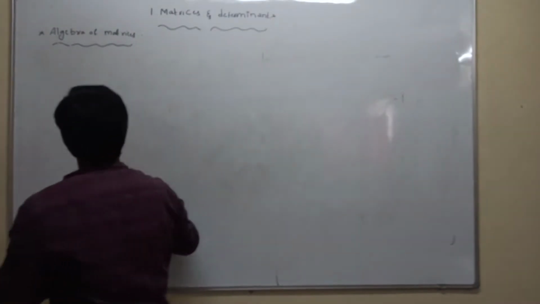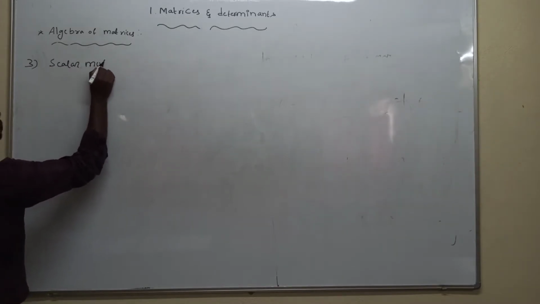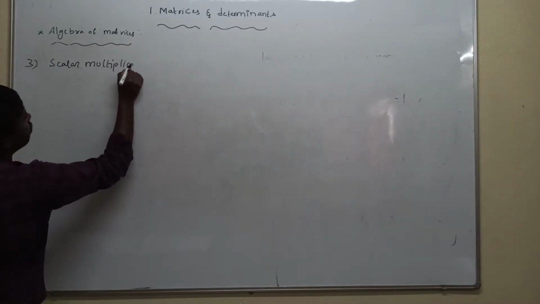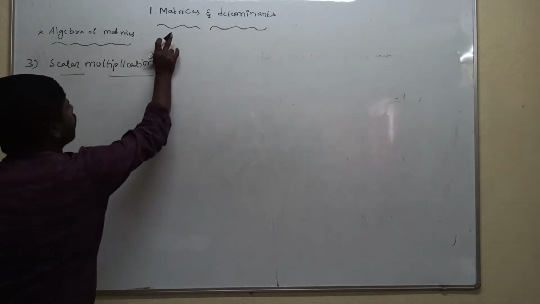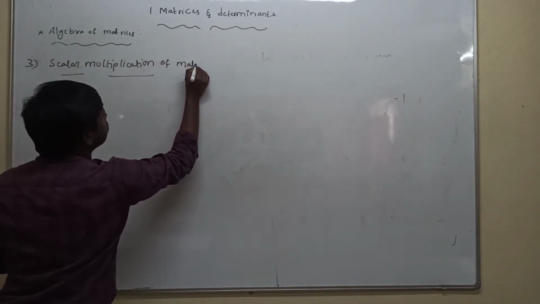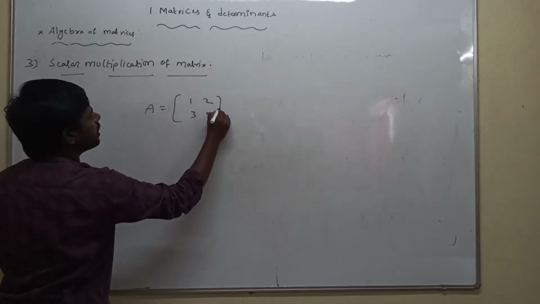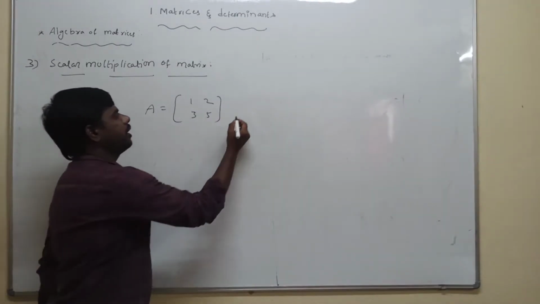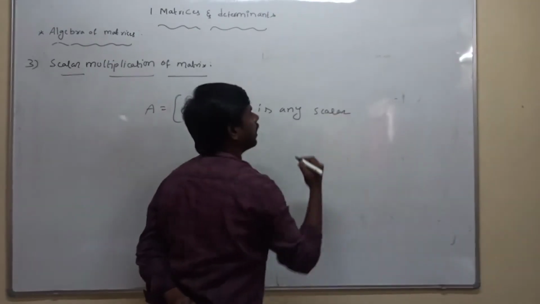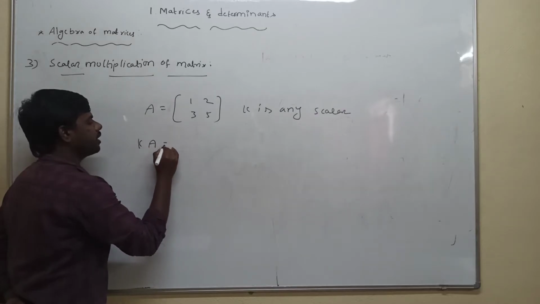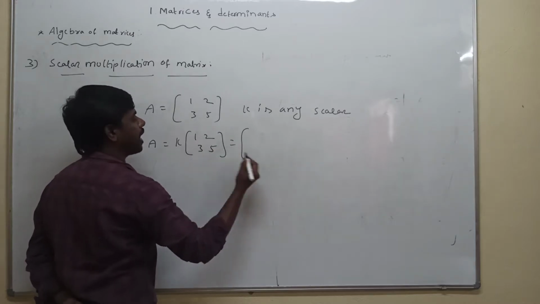If A is a matrix and K is any scalar, then KA means K times the matrix A, with elements 1, 2, 3, 5, and we get another matrix.